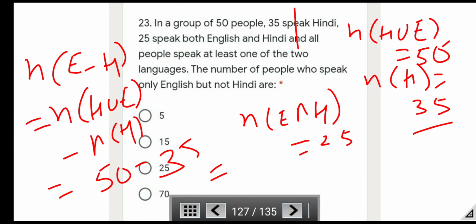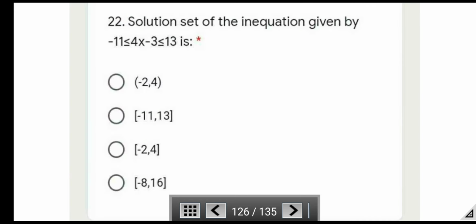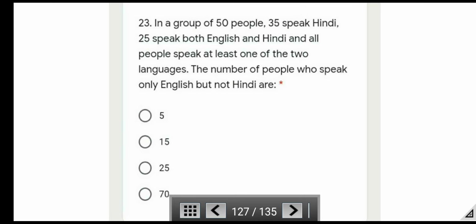So we get 15. So 15 is the right option.